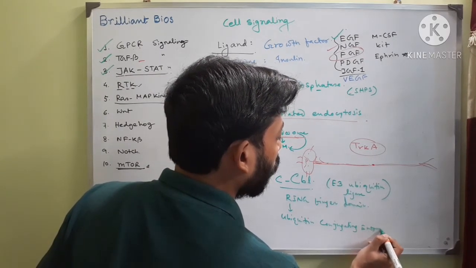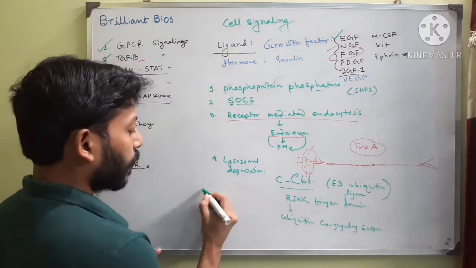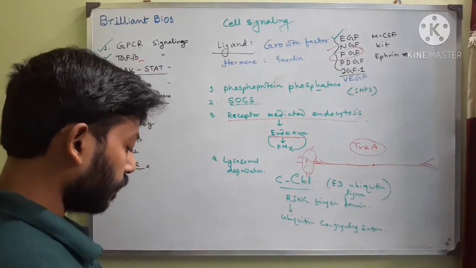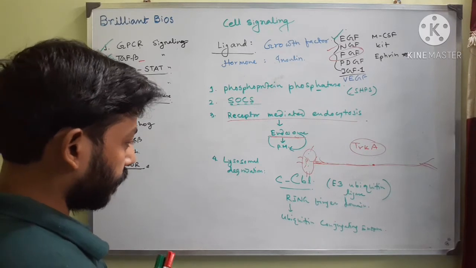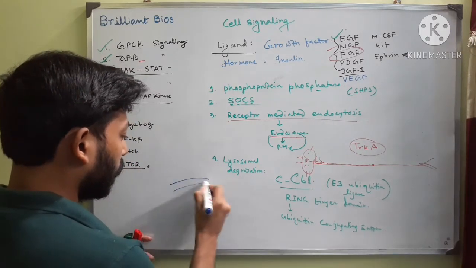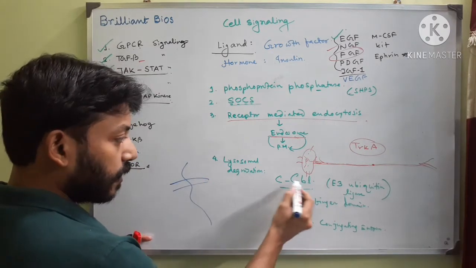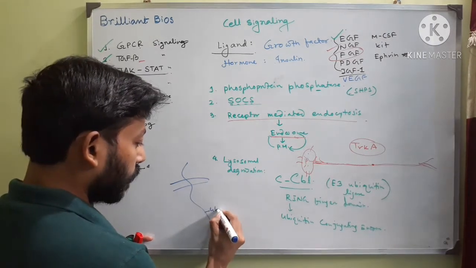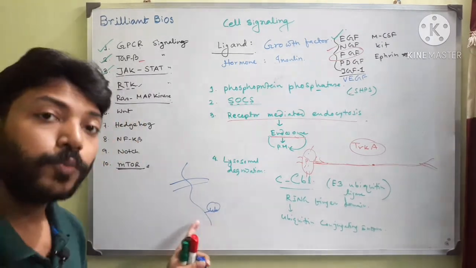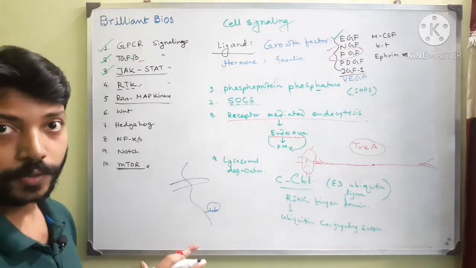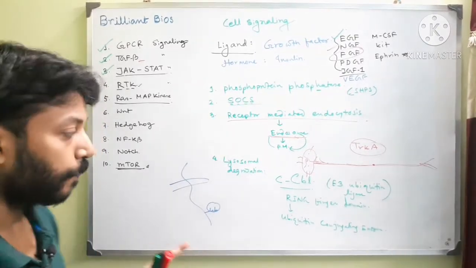Suppose this is the receptor, then CBL ubiquitinates this receptor, and monoubiquitination occurs here, not polyubiquitination.